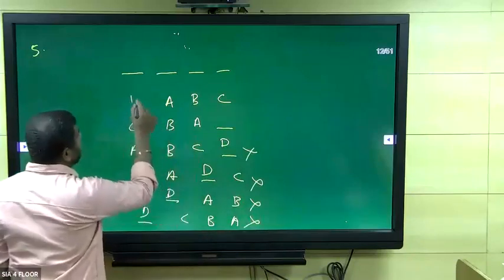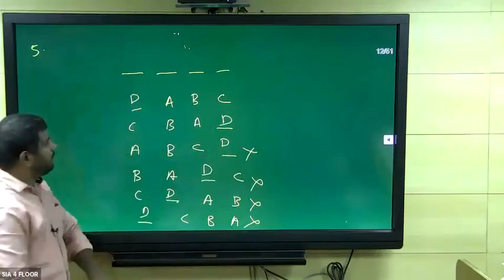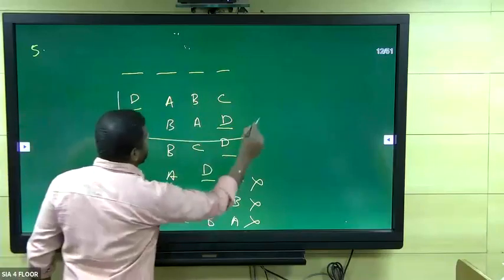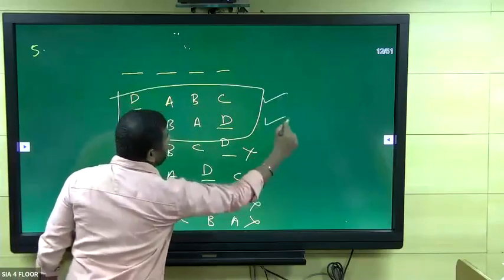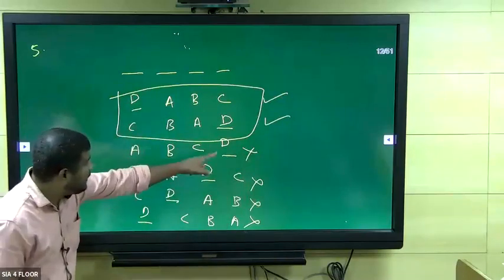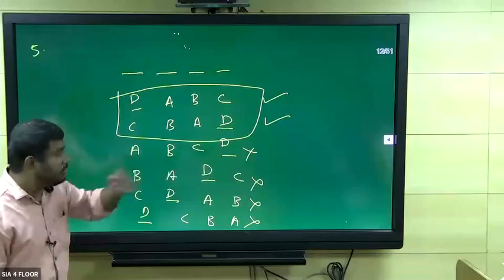Now I can take D here. So now we have only these 2 possibilities correct. We can eliminate all these 3 because D should not sit next to C.